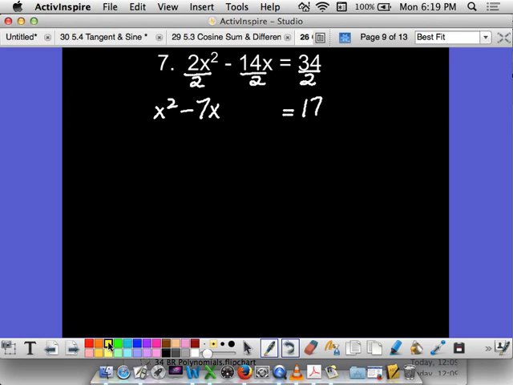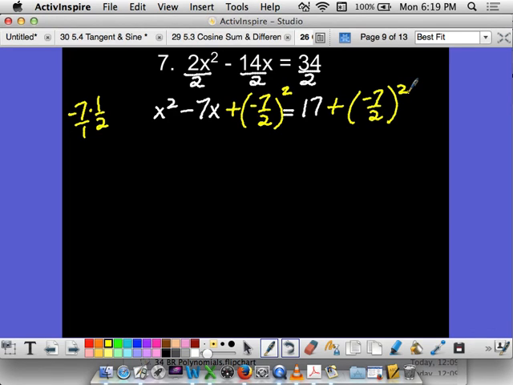The next step is always add half of b squared. Now half of 7, if you come over here and say negative 7 times 1/2, I can just see that that's going to be 7 over 2. So I have negative 7 over 2 quantity squared plus negative 7 over 2 squared. Whenever you have this negative, do not forget to put that in parentheses.